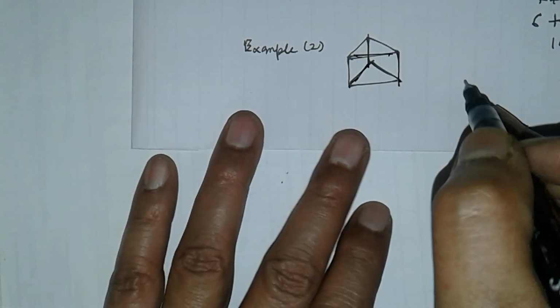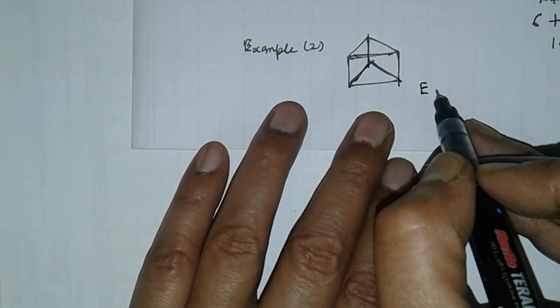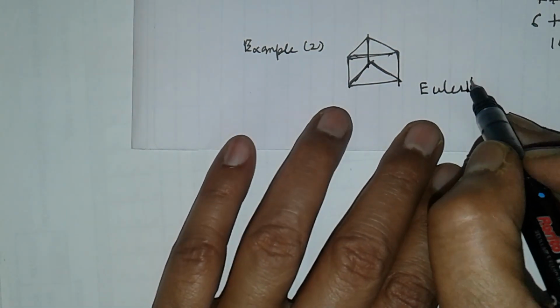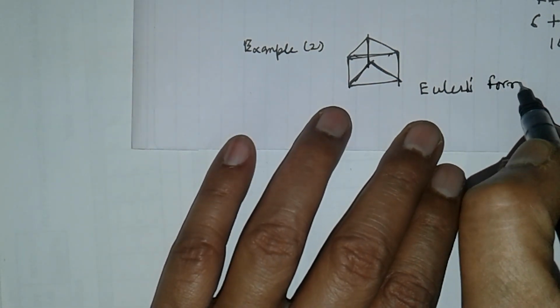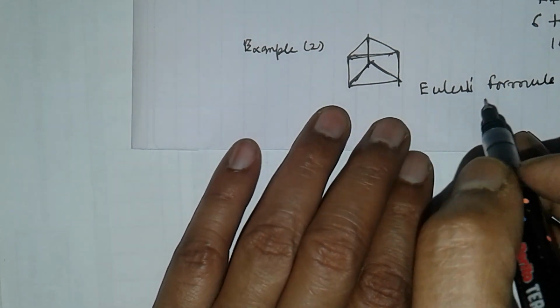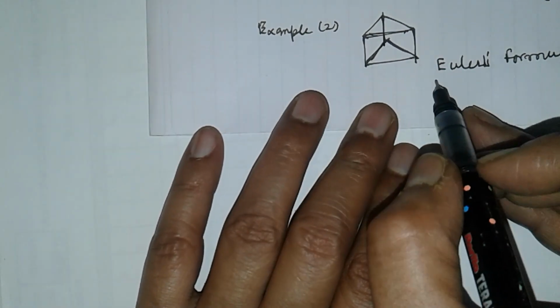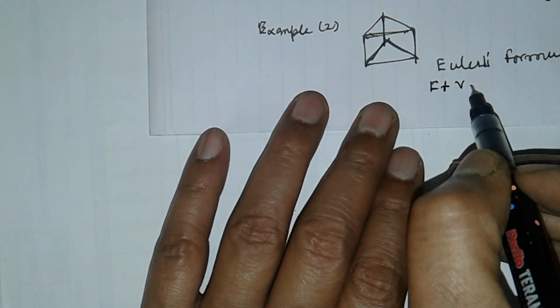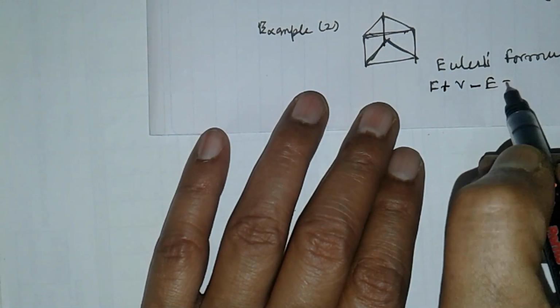Now Euler's formula is F plus V minus E should be equal to 2.